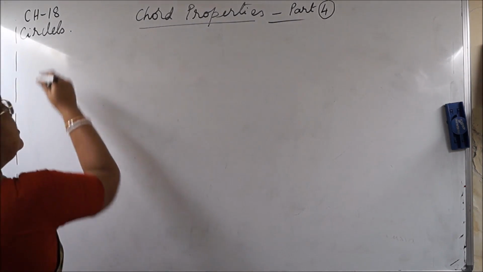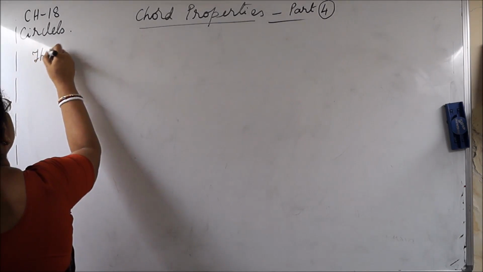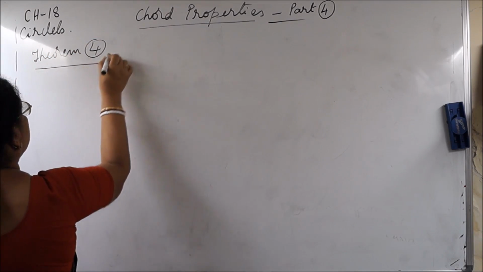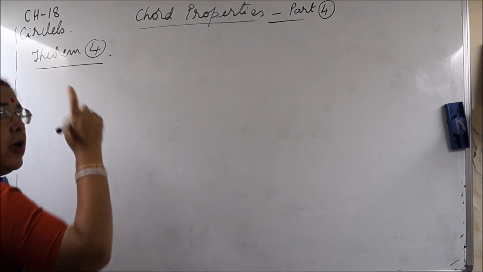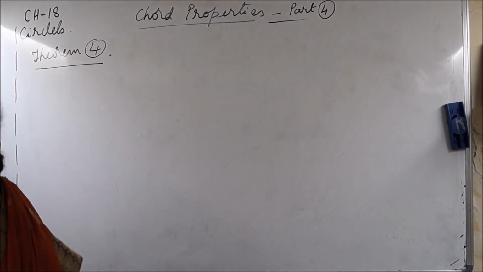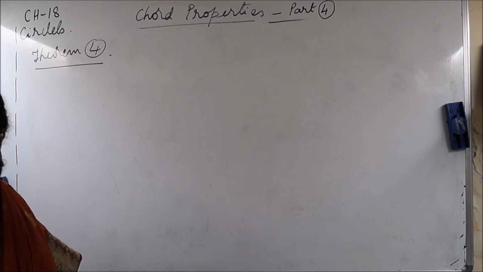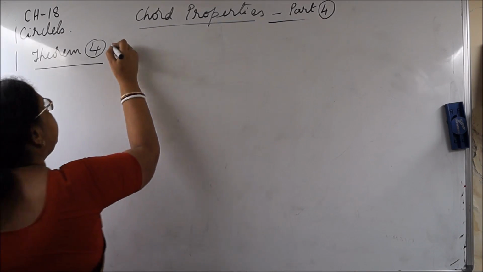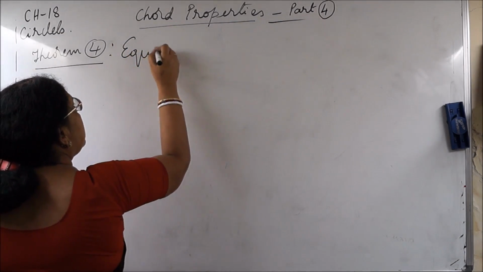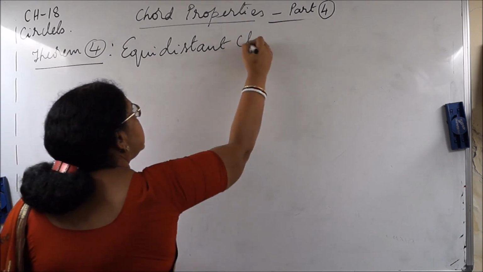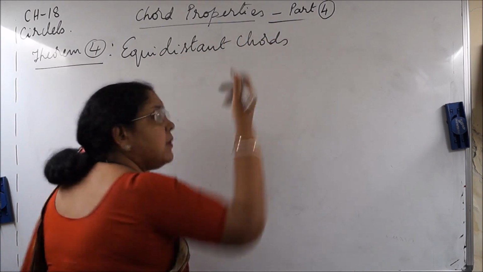Okay, so according to our convenience, we number this theorem as 4. So this is the converse of the theorem that we learnt in part 3. In part 3 we learned equal chords are equidistant from the center. Now we will say equidistant chords, equidistant from where?